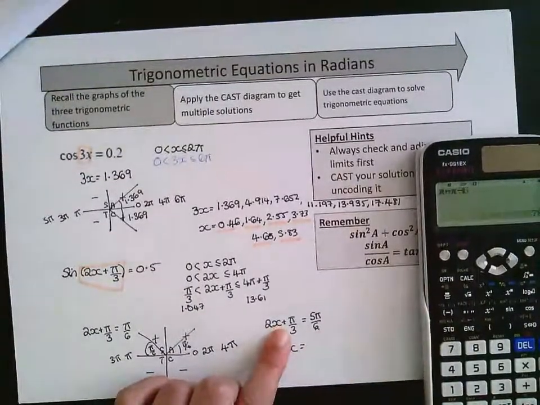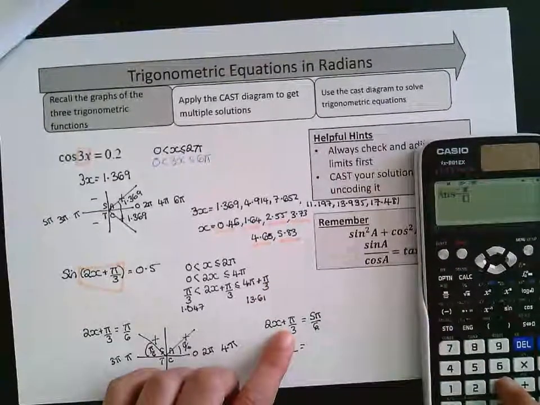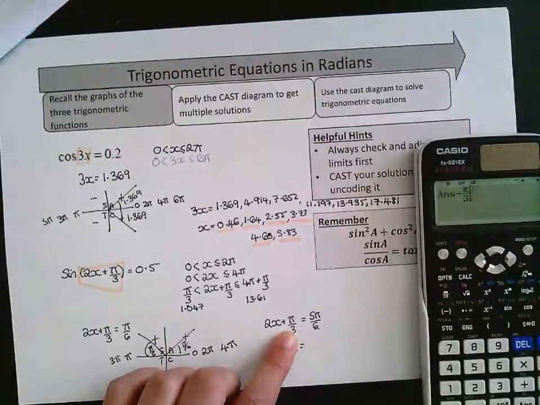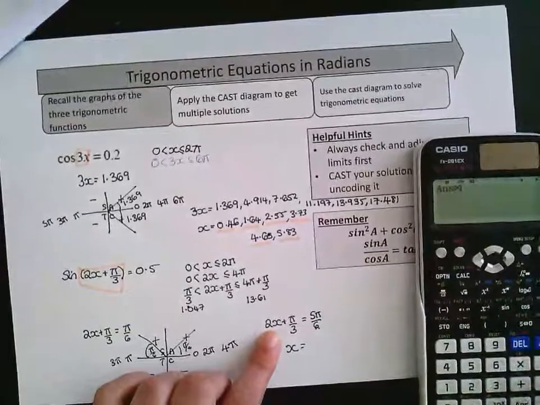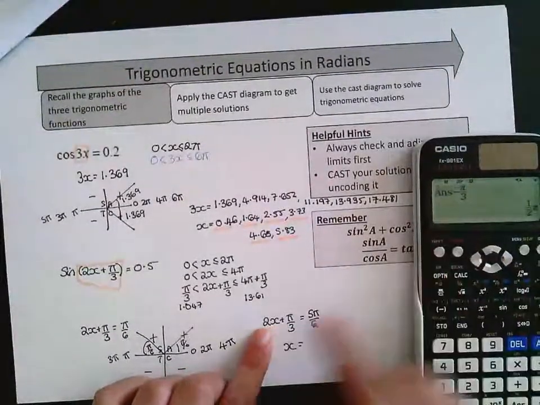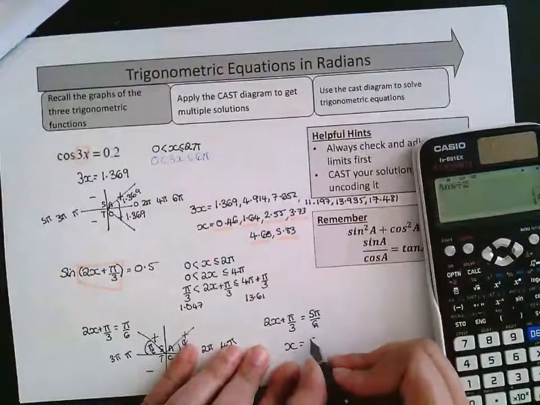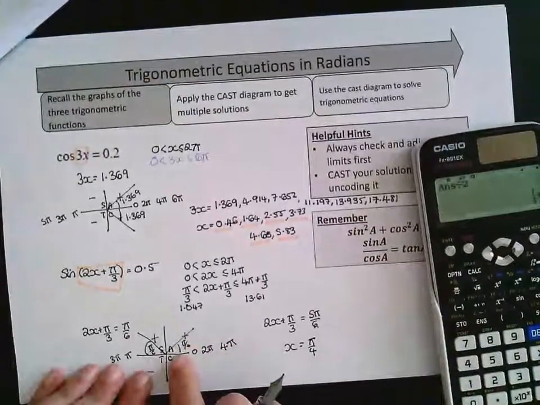So this one I'm going to take away pi over 3, and then that answer needs to be divided by 2. So take away pi by 3, then divide by 2, which will give me pi over 4 is my first solution.